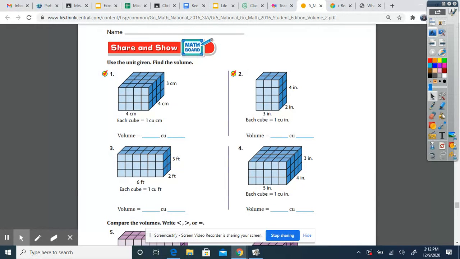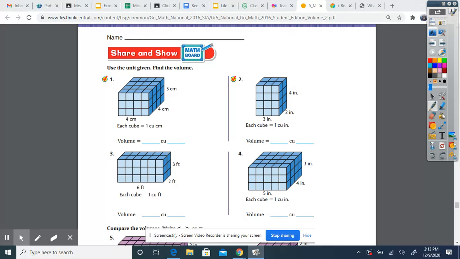All right, so our directions are use the unit given and then find the volume. Our unit given is centimeters. So each of these cubes equals 1 cubic unit centimeter. All we have to do is remember our equation for volume, which is length times width times height.